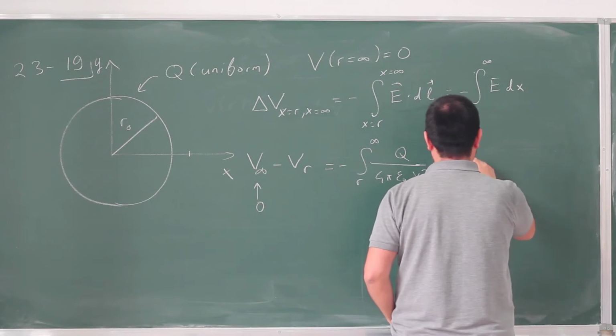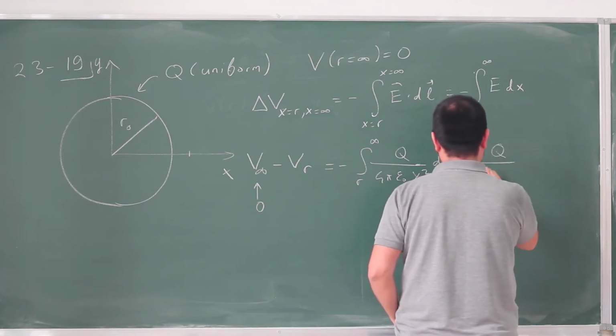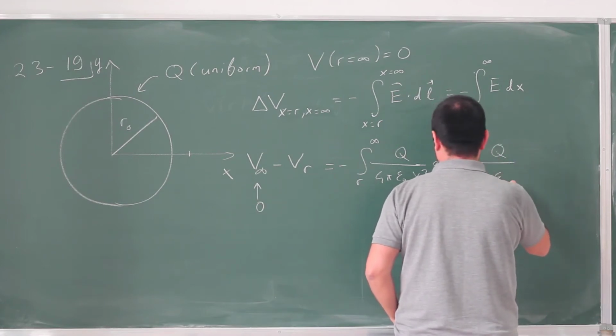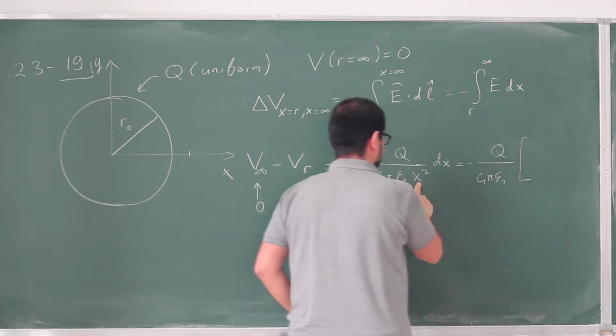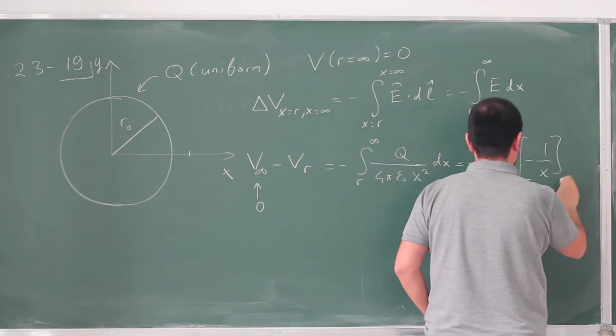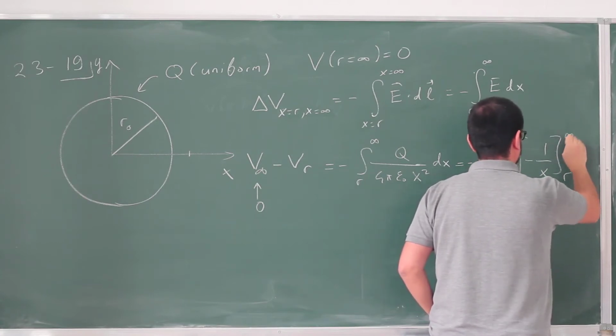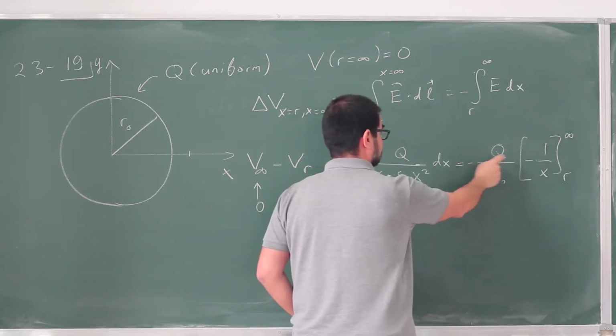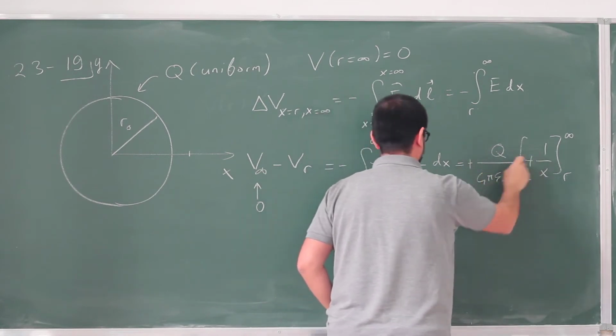This is going to be minus q by 4 pi epsilon naught. The primitive of 1 over x squared is minus 1 over x. This is from r to infinity. This minus cancels this one. Okay?